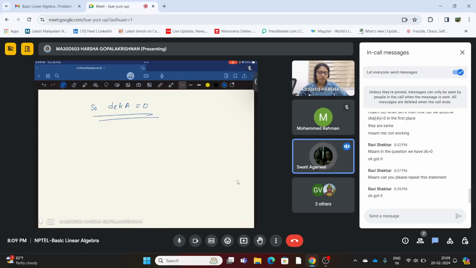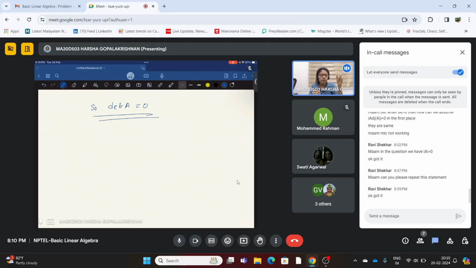But if n is even, then the determinant of the skew symmetric matrix is a perfect square or something like that. Is that true? I cannot answer that right now, but what I suggest is to start with a 1 by 1 skew symmetric matrix, 2 by 2 skew symmetric, different odd and even sizes.